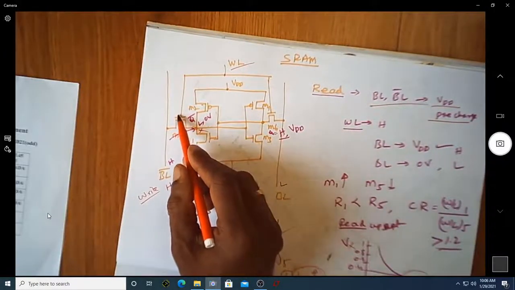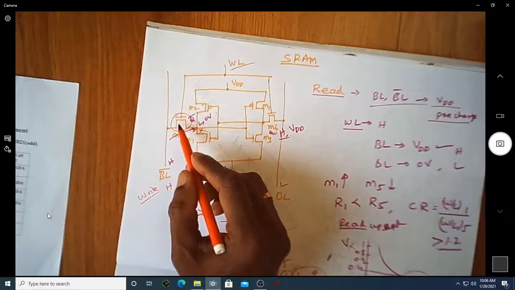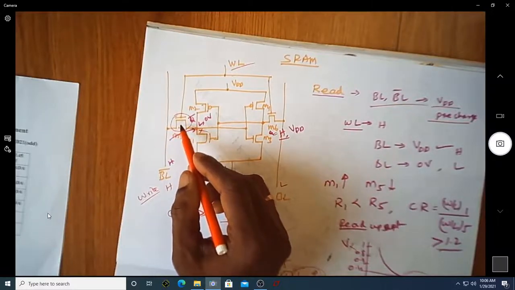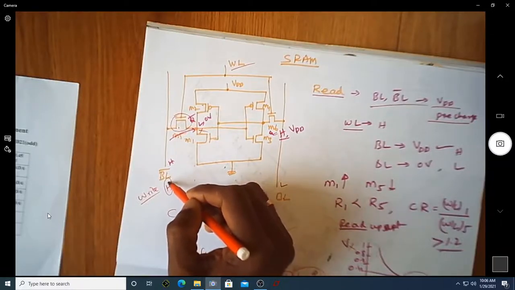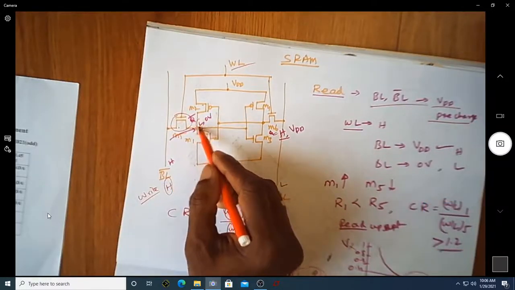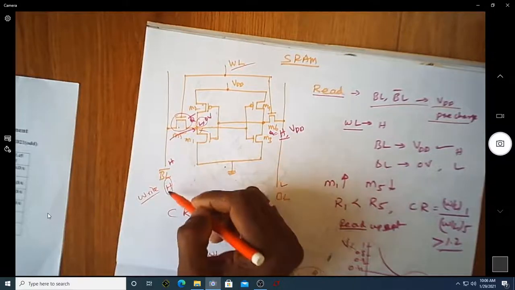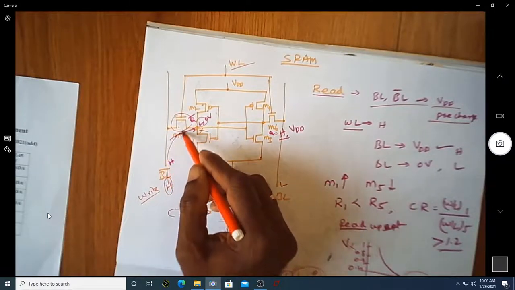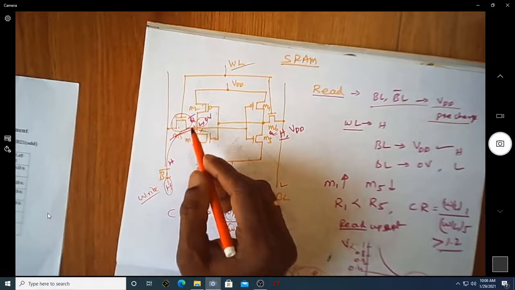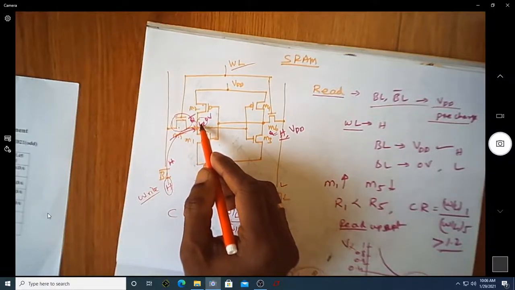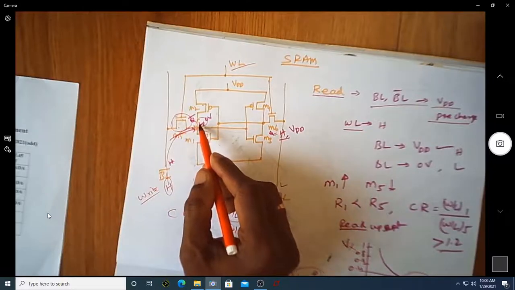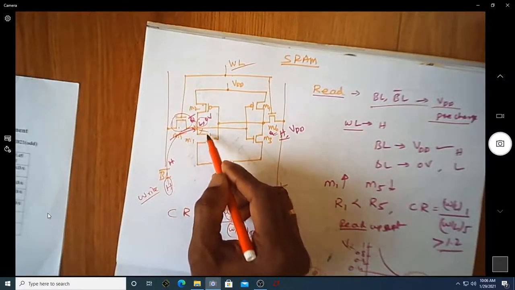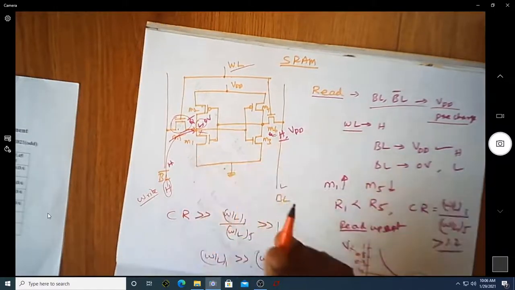Since we have made the dimension of this particular transistor low enough, it has got high resistance. This high will not make the existing low value become high, because this cannot drive this, or it takes longer time for this to go to high because it has high resistance, and this won't go high because this is always on. It is actually pulling it down to 0.